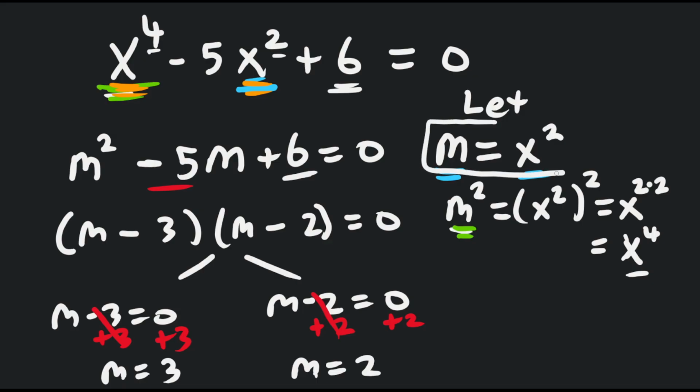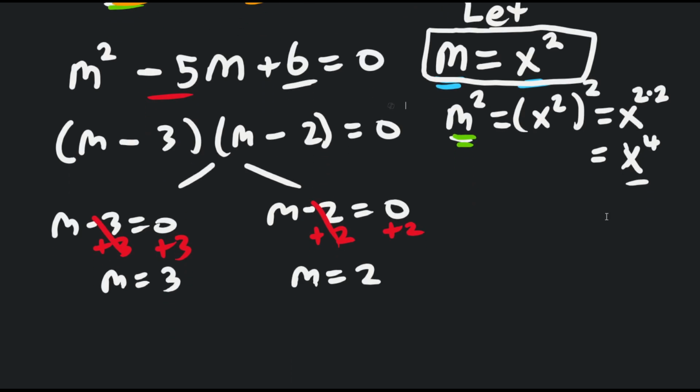We said m equals x squared. Okay, so let's go ahead and substitute m for x squared. So x squared equals 3 here, and x squared equals 2 here.